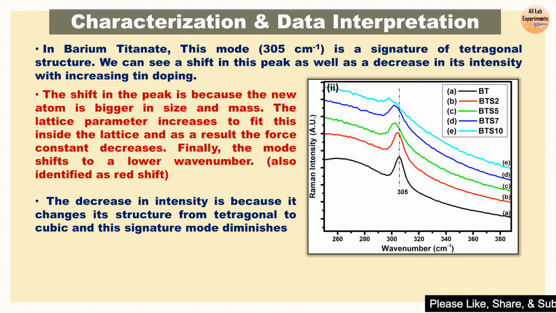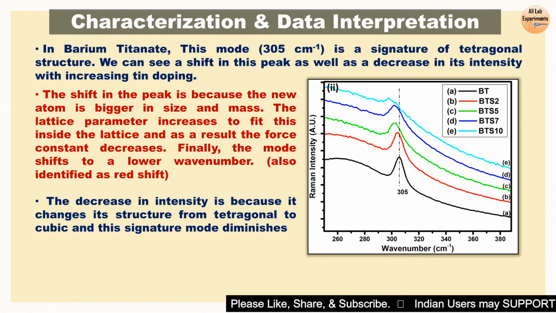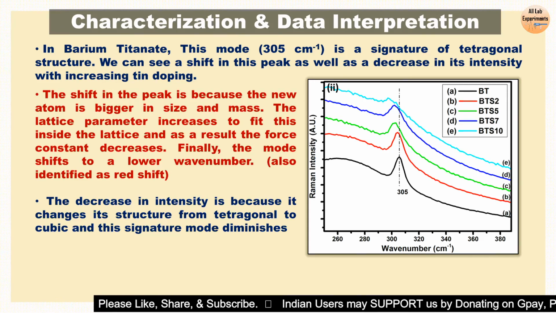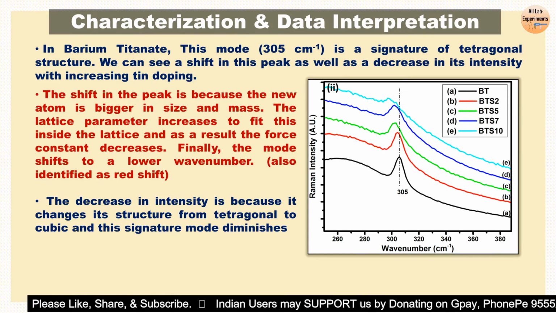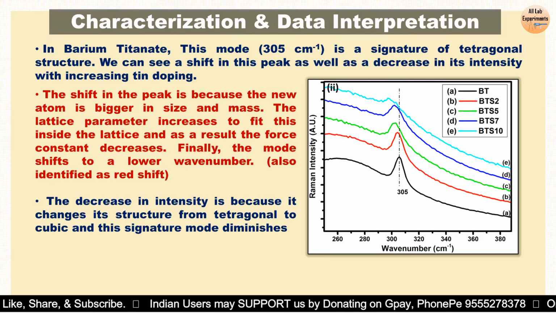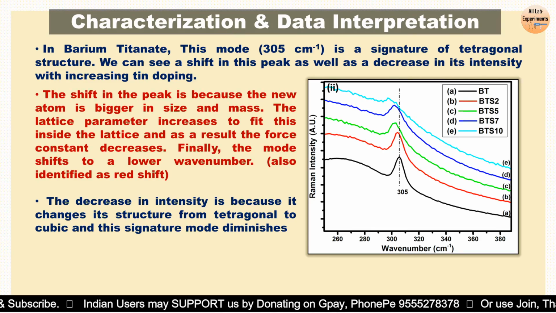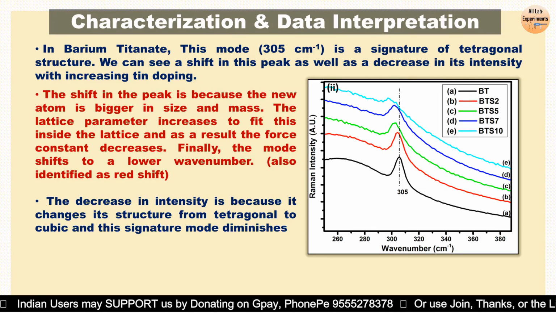So as I am adding tin to my barium titanate, this changes the bond strength, and this mode is shifting to lower wave number. Its intensity is also decreasing because this is related to the tetragonal structure of barium titanate. As that tetragonal nature decreases, its intensity decreases.